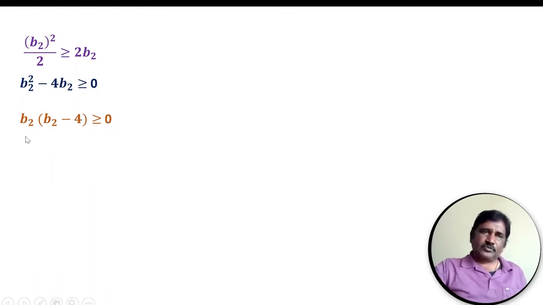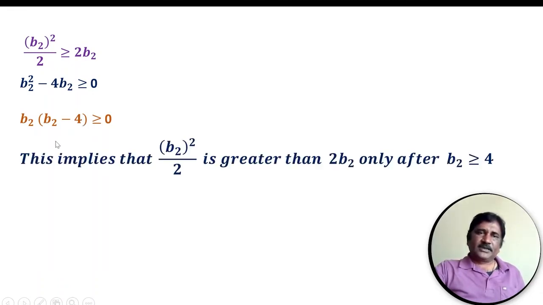So that gives me two values, b2 is equal to 0. At b2 equal to 0, this condition is satisfied, but that is not of much use to me. I am getting another value, b2 minus 4 is equal to 0, meaning that b2 should be greater than or equal to 4 for this to be higher.